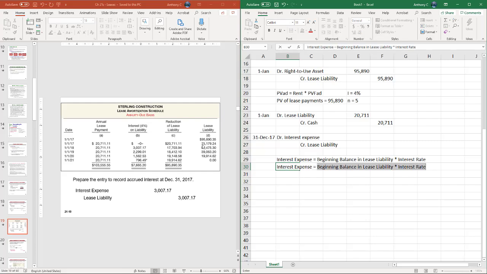So in this case, our interest expense for 2017 will be the $75,179.24, and we use the interest rate of 4% to calculate the present value. So we'll also do that to calculate the interest expense. If we multiply this through, we'll get roughly $3,007. So that will be our interest expense and our increase in the lease liability for the year. Again, I'm just going to round this off.